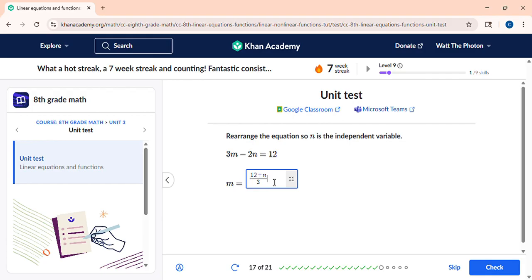Not for m. I think I did something wrong. If we add the 2, this should be a 2m. I think I did this wrong. It should be 2 over 3 and plus 4. I like that because I didn't add the 2n before.